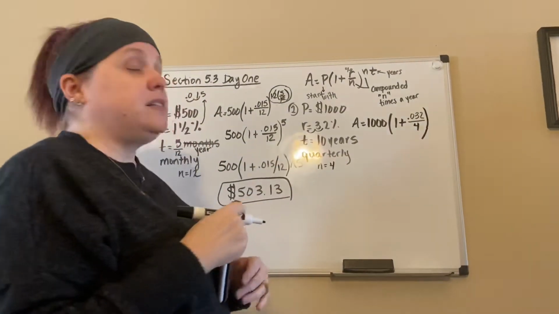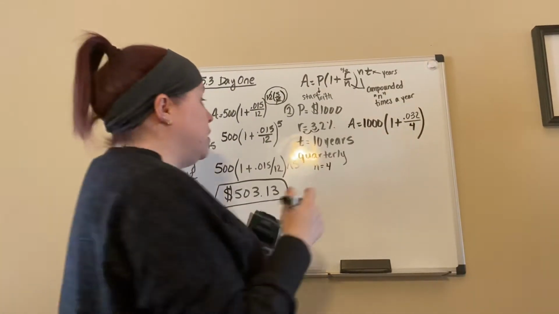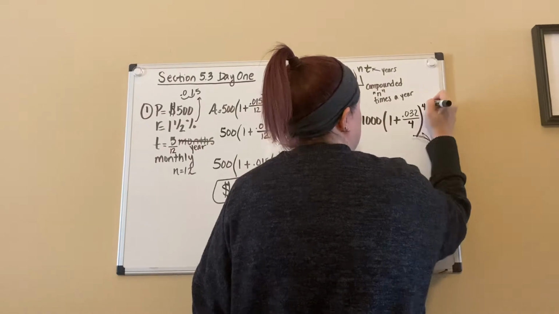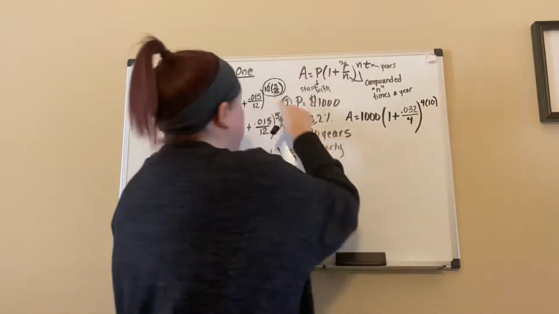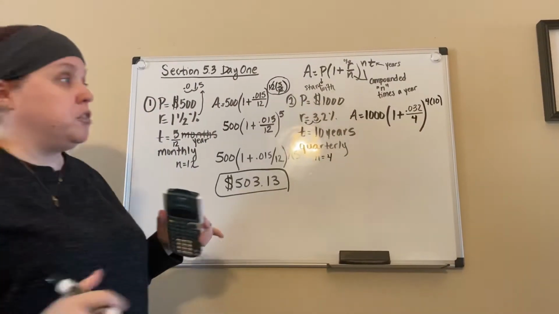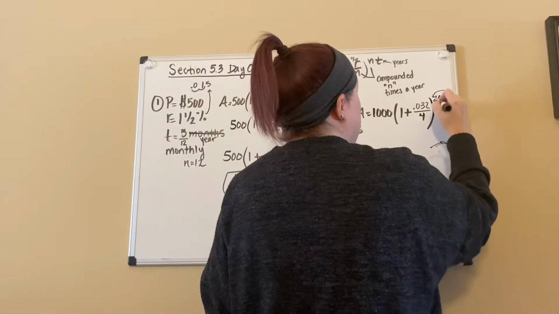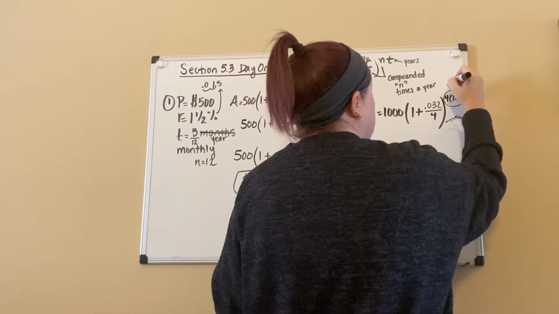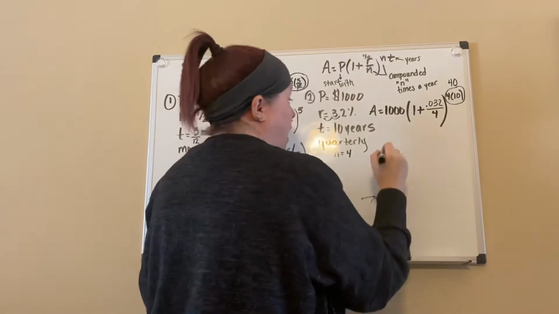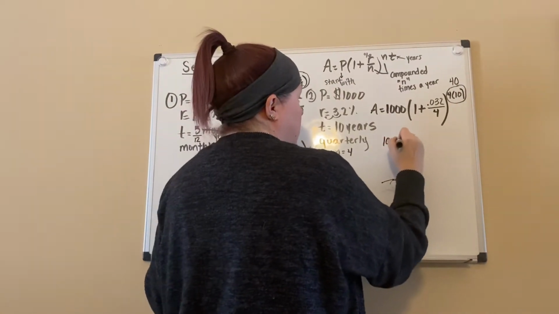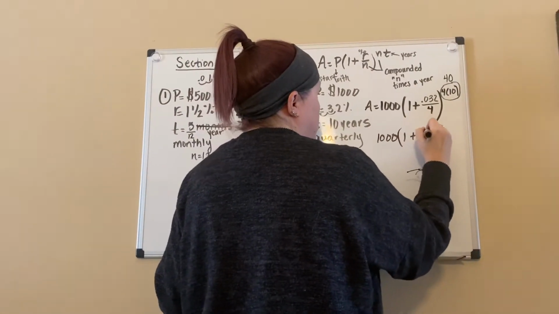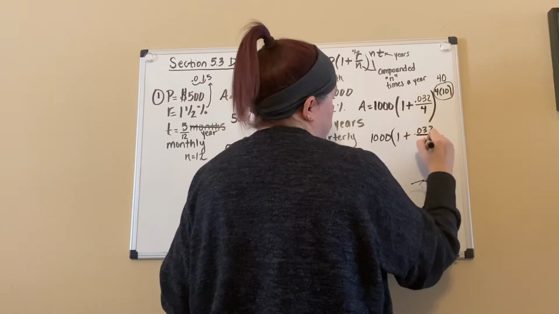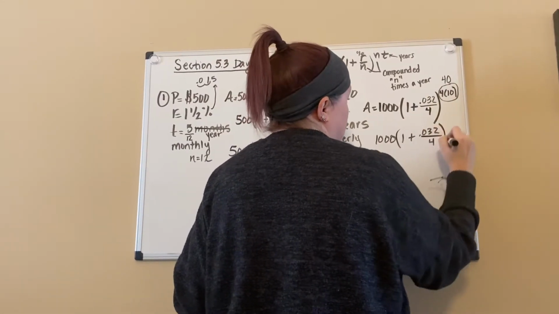This time t is in years, so I don't have to divide by 12. So I would have 4 times 10. And just like before over here, I want you to multiply that power together first. So this would be to the 40. So I'll have 1,000 times 1 plus 0.032 divided by 4 to the 40th power.